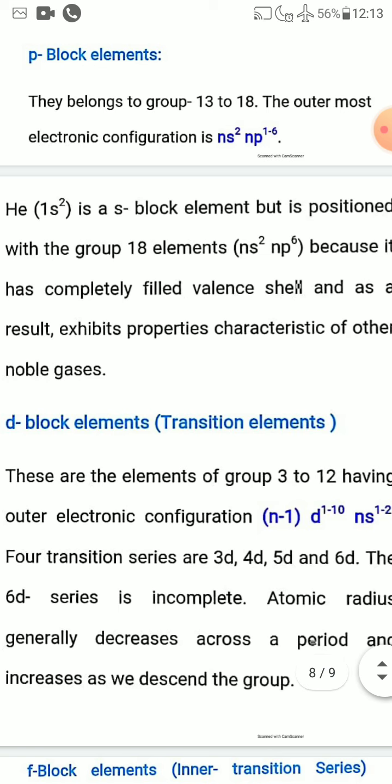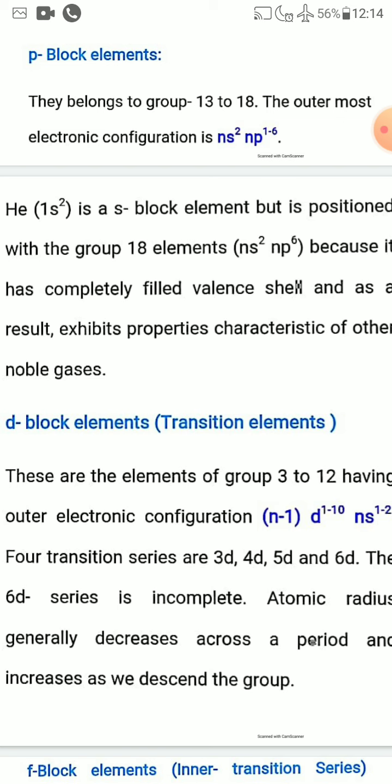Now P block elements. The elements belonging to group 13 to 18 are called P block elements.